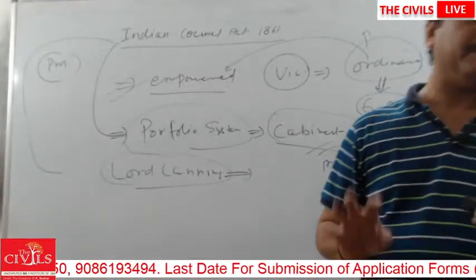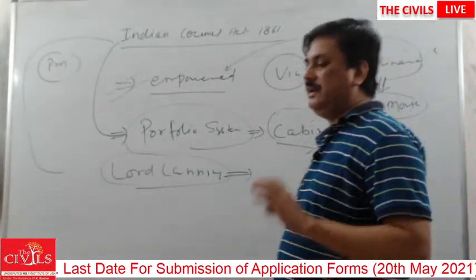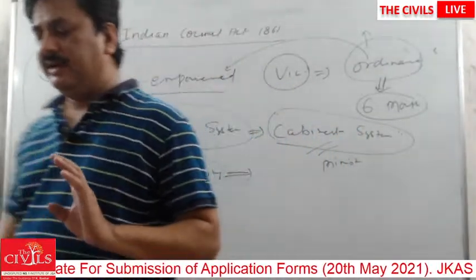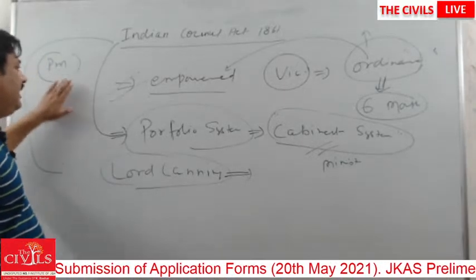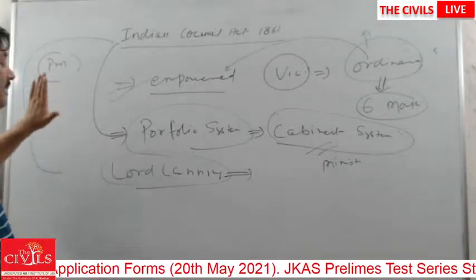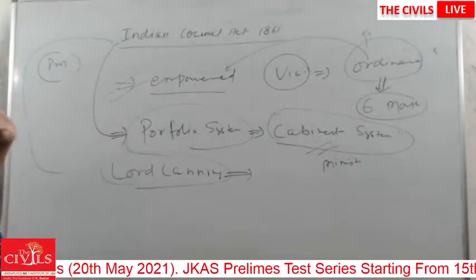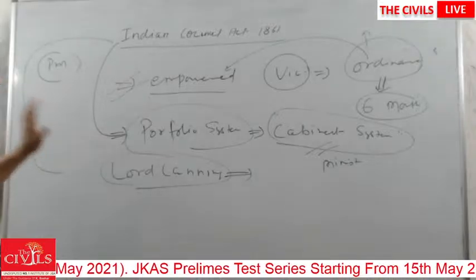This was the beginning of the cabinet system in India. So these were all the main provisions of the Indian Council Act 1861.